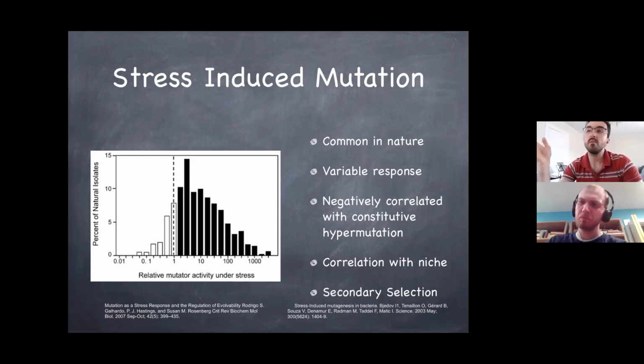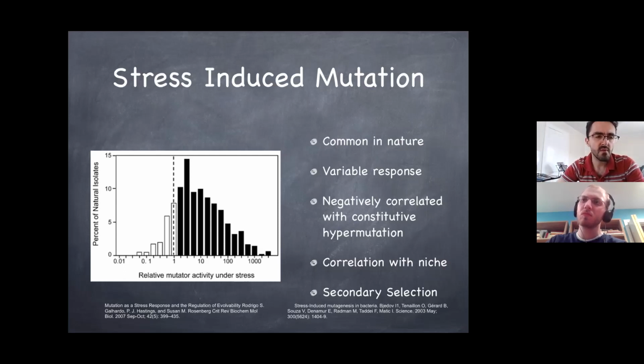It's a very common response. It's quite variable, and a lot of evidence has accumulated that these mutations occur in response to stress in bacteria, and may in fact be quite adaptive.